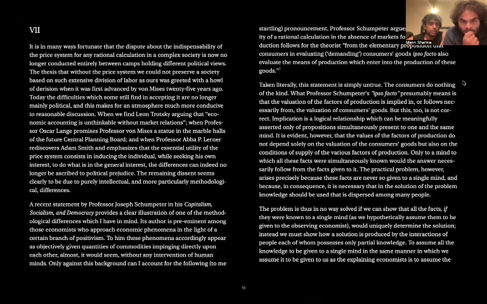When we find Leon Trotsky arguing that economic accounting is unthinkable without market relations, when Professor Oscar Lange promises Professor von Mises a statue in the marble halls of the future Central Planning Board, and when Professor Abba P. Lerner discovers Adam Smith and emphasizes that the essential utility of the price system consists in inducing the individual, while seeking his own interest, to do what is in the general interest, the differences can indeed no longer be ascribed to political prejudice.